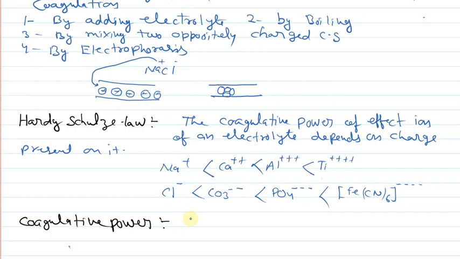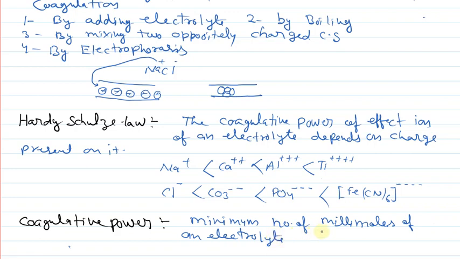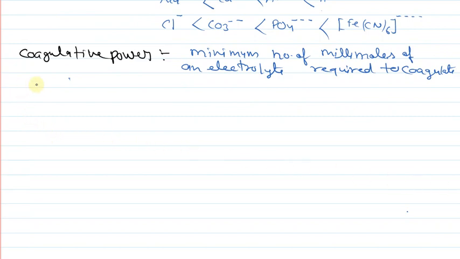It is defined as the minimum number of millimoles of an electrolyte required to coagulate one liter of colloidal solution.